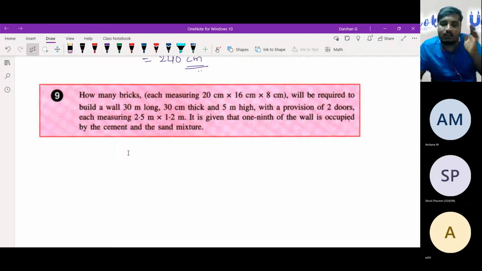It is given that 1/9 of the wall is occupied by cement and sand mixture. So you're not only putting the bricks, you're also putting some cement and sand mixture, which is 1/9 of the portion. I'll give you 3 minutes.